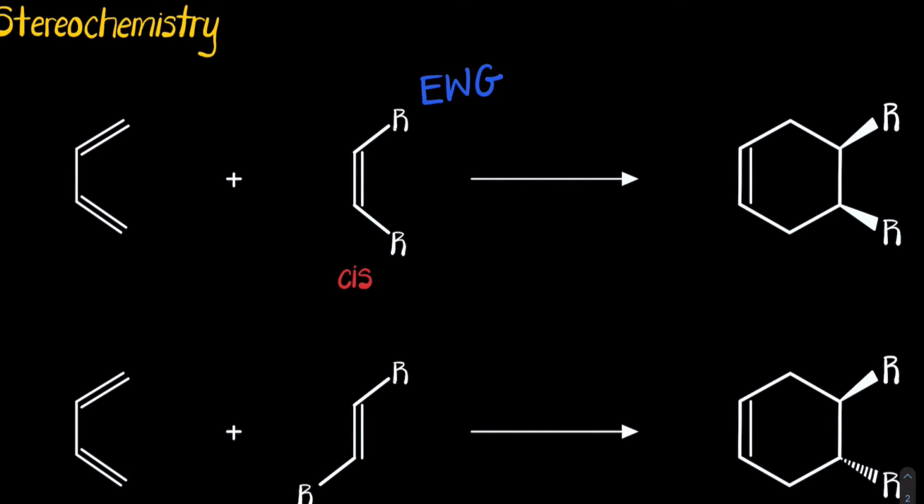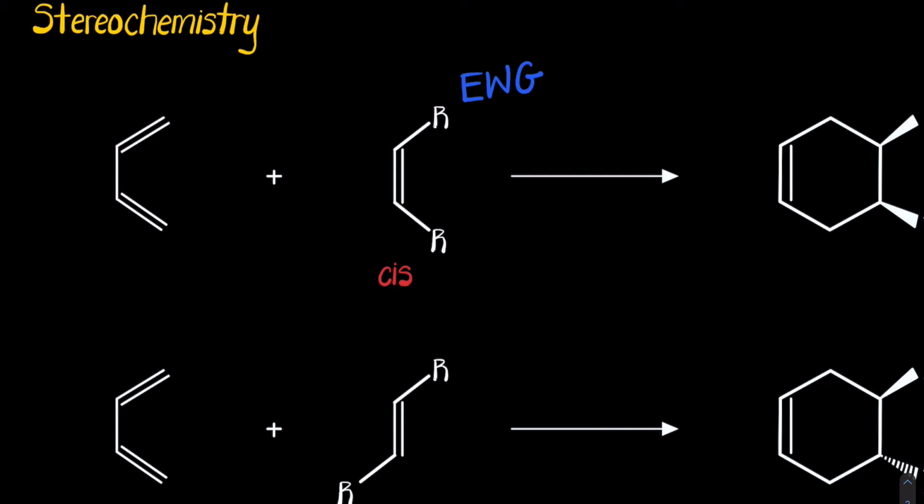Electron withdrawing groups withdraw electrons and therefore make the alkene more reactive, whereas electron donating groups donate electron density and make it unreactive or less reactive. In almost all cases of Diels-Alder that we'll be going through, the double or triple bond of the dienophile is going to be adjacent to a positively polarized carbon atom due to an electron withdrawing group that's attached to it.